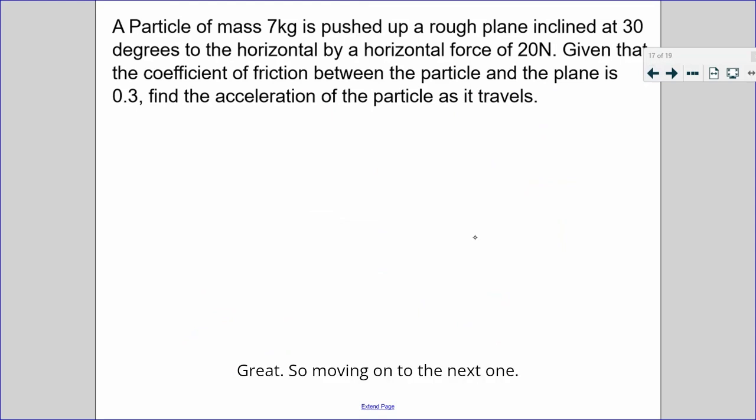Right, so moving on to the next one. Okay, always start with the diagram. Try this yourself, and then you can pause and resume.